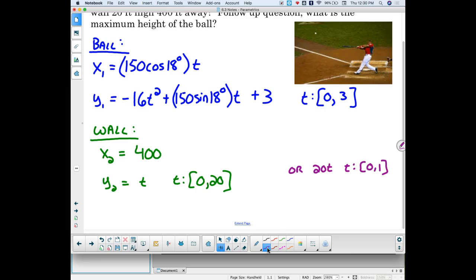What about this one? Would that work? Yeah. Would that work?